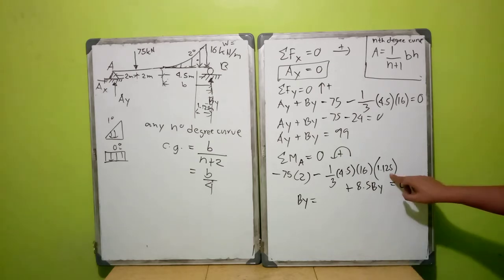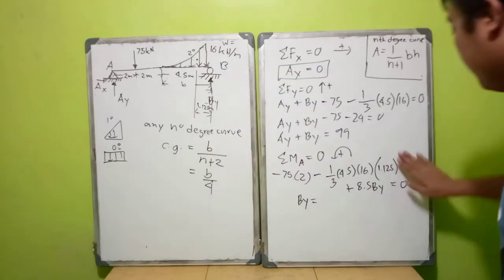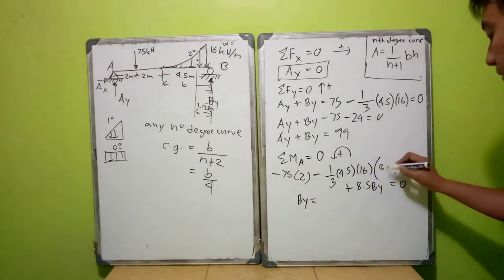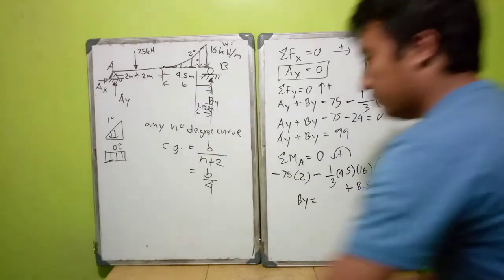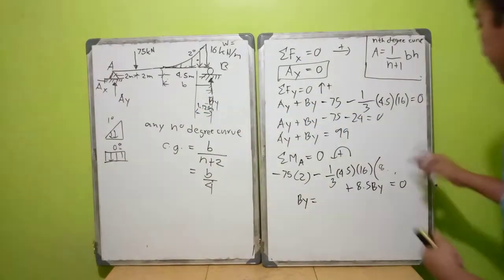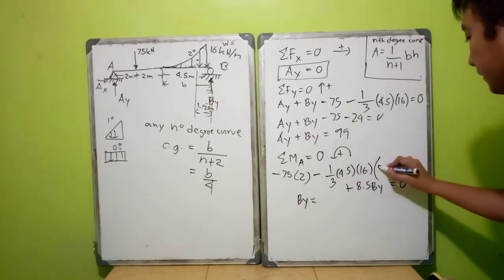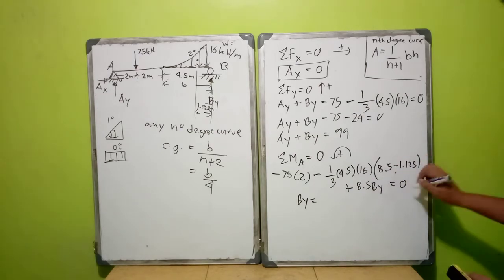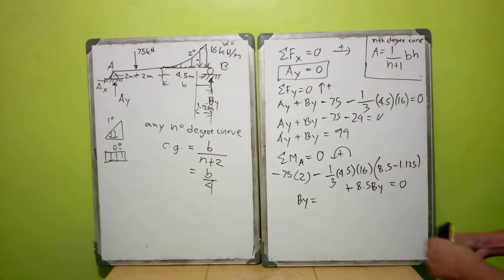I know this is not 1.125 only, so we have 8.5, the whole length, because relative to A. So 8.5 minus 1.125. So therefore we can compute your By.